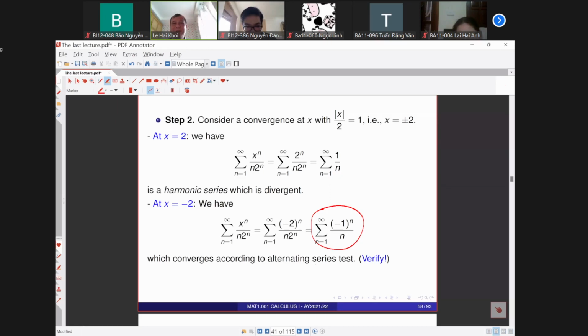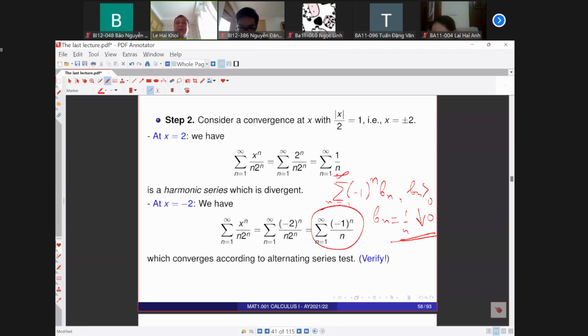Using the Leibniz theorem, right, here you have (-1)^n b_n, where b_n is positive. In your case, b_n is 1 over n, of course decreasing to 0. So this fact says that your alternating harmonic series converges by the Leibniz test, which we already studied.